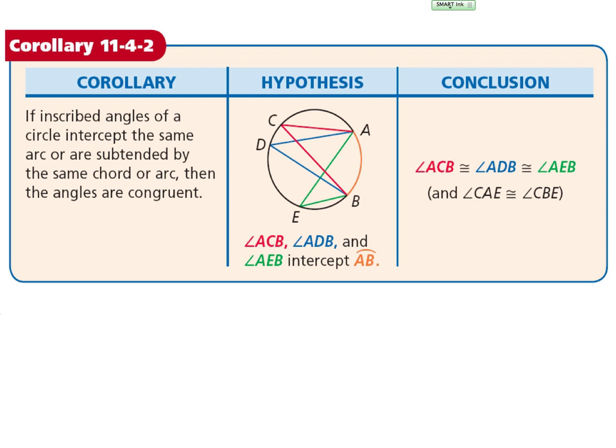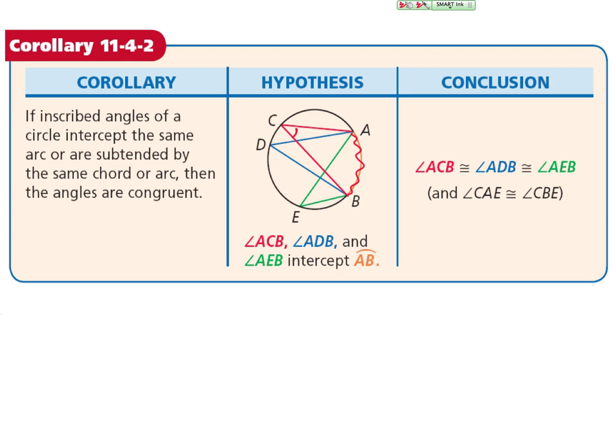So this says if inscribed angles of a circle intercept the same arc or are subtended by the same chord or arc, then the angles are congruent. Now this picture looks like kind of a mess. Well, let's see. Angle ACB. ACB is this angle. What arc is inside that red angle?